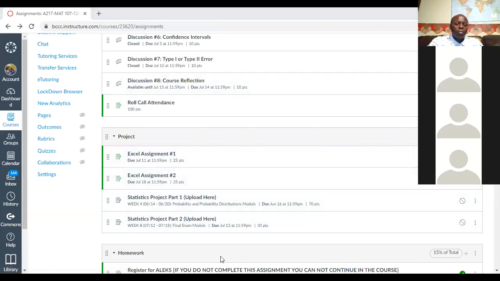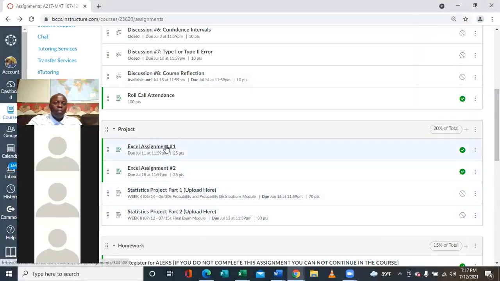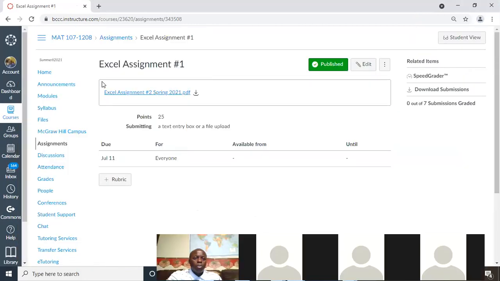You can see my screen, can you? Yes, but on my screen, that's not what I had. See, look, this is assignment 1. See, it shows here. Right, but you see where it says Excel assignment 2? Yeah, but it's actually saved as a PDF. Probably that's why I couldn't change this number 2 here. But it's the same assignment that you just put up. That's the one I did yesterday.